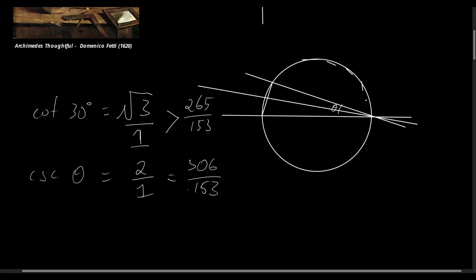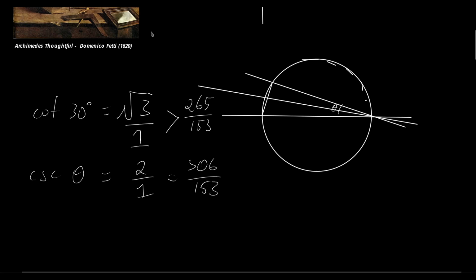Okay. Now, what he does with these starting ratios, he then bisects this, like I said, and he uses Euclid's Book 6, Proposition 3.